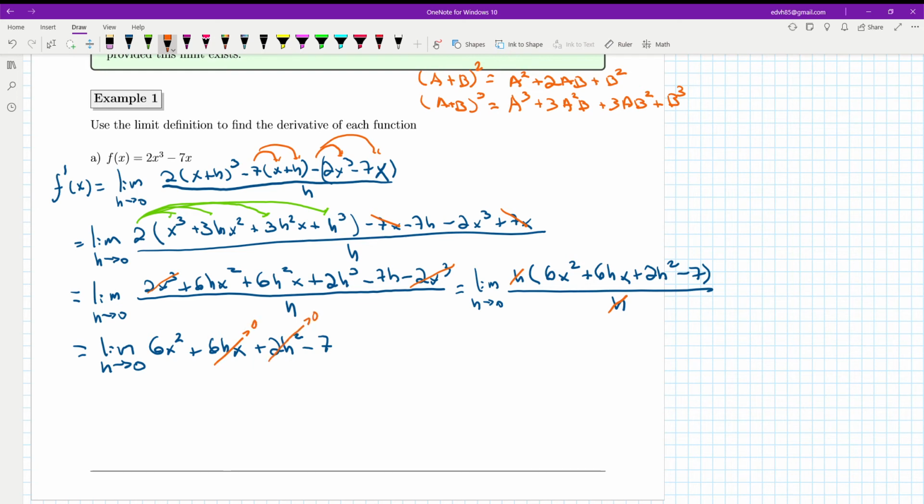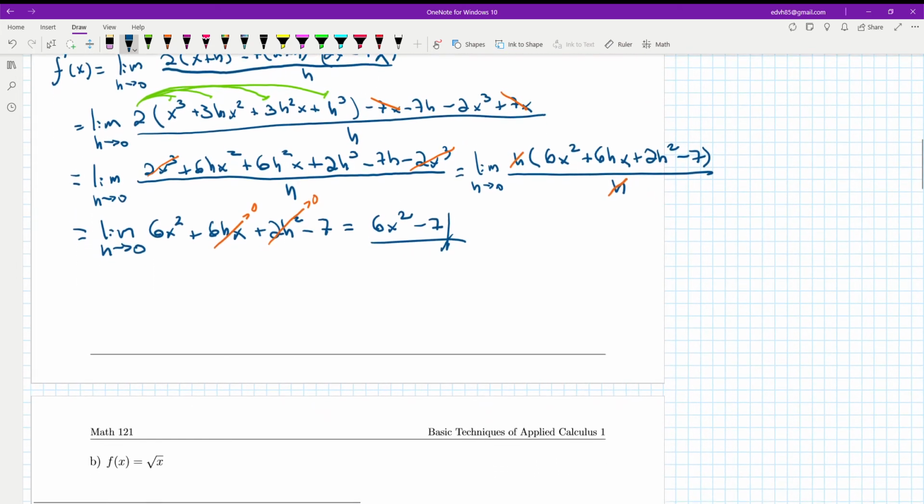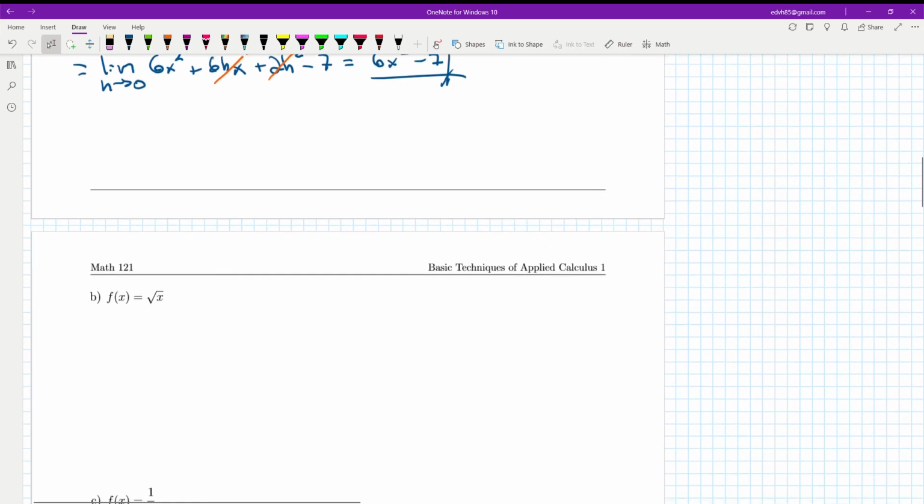This other term is going to go to 0. And no more limit, because we already plug in the value for h. So our final answer is 6x squared minus 7, which can be easily obtained using the general power rule that of course we will discuss later in this section. Let's look at another example.